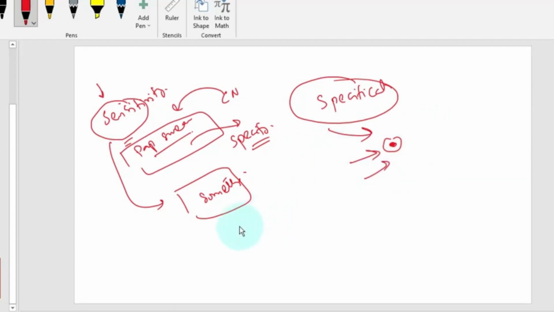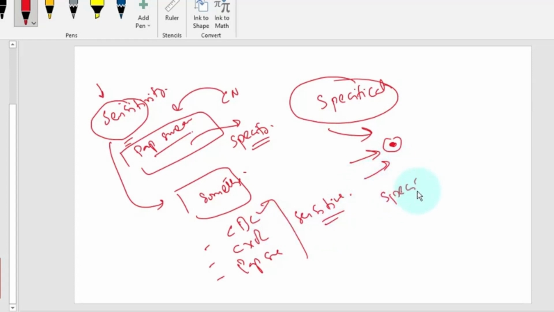Most of the general investigations like CBC, like chest X-ray, are all sensitive. But if something comes up in CBC, you cannot diagnose based on the CBC that this thing is there. You have to do other tests. Those other tests are specific for those diseases.